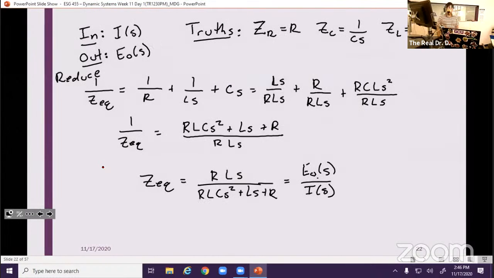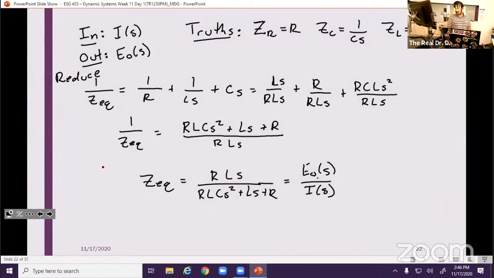We'll end up doing a reduction: 1 over ZEQ equals 1 over R plus 1 over LS plus CS. So I do my common denominator here. And then if you find ZEQ, you found the answer.